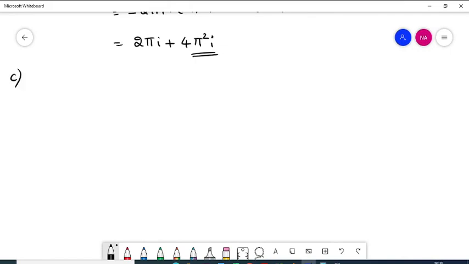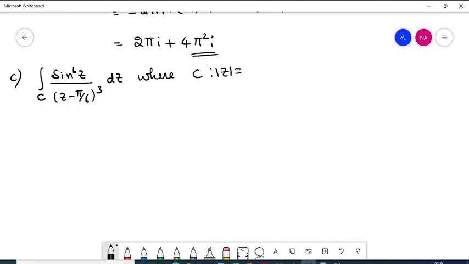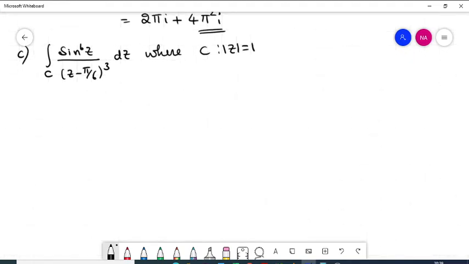Problem C. Evaluate the integral over C of sin power 6z divided by (z minus pi by 6) whole power 3 dz, where C is the circle mod z equal to 1. So this is the given circle, the closed curve, and we need to find the integral.